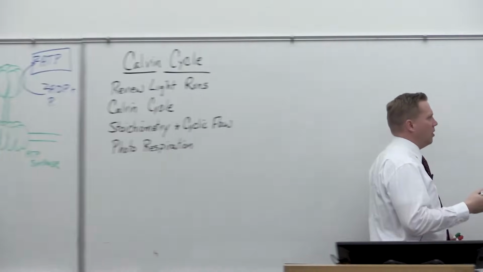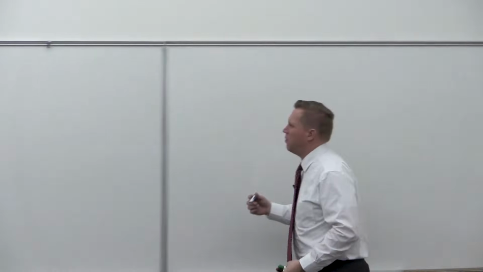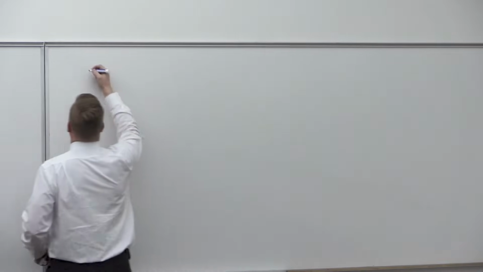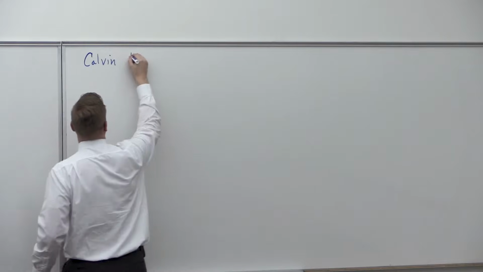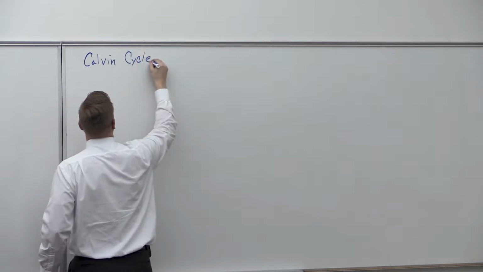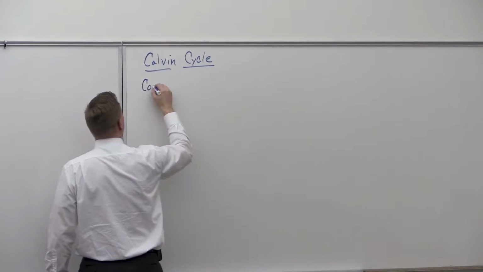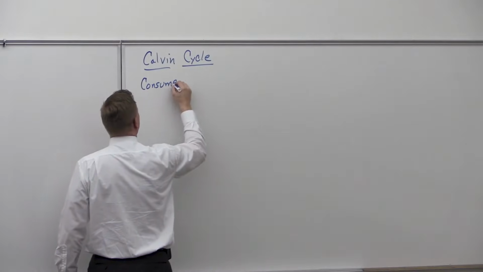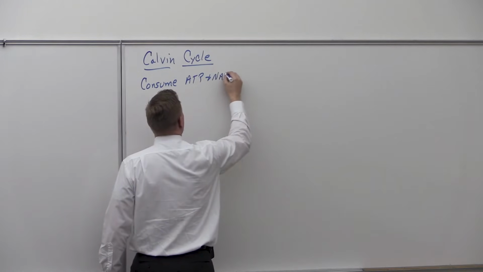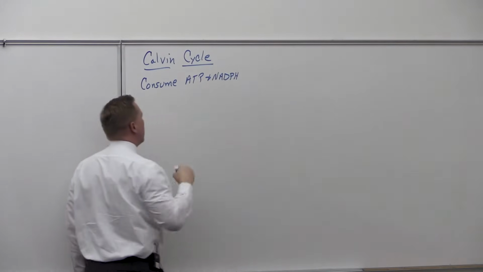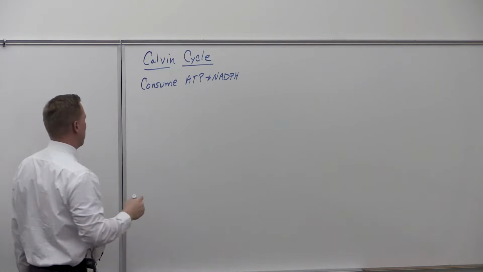So now that we know where the NADPH and the ATP come from, let's talk about the Calvin cycle itself. So the primary purpose of the Calvin cycle is where we are going to consume ATP and NADPH that was produced over in the light reactions.